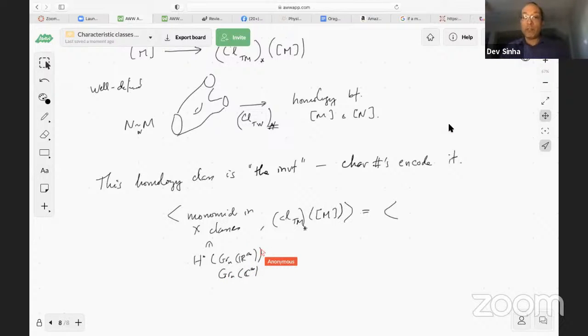Pulling back those cohomology classes, those are exactly the Stiefel-Whitney or Chern classes of the tangent bundle of M, and those are evaluated on the fundamental class of M.